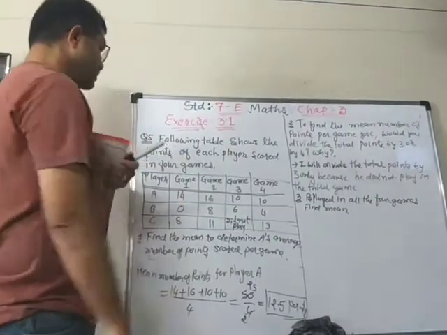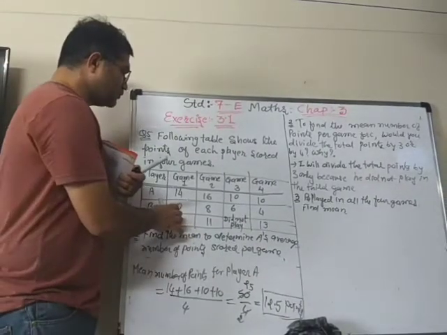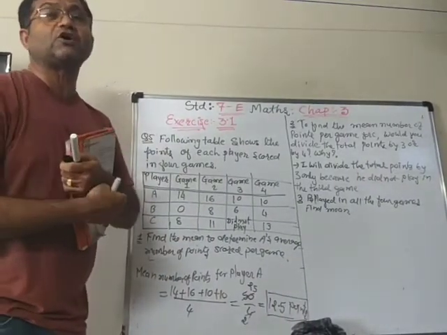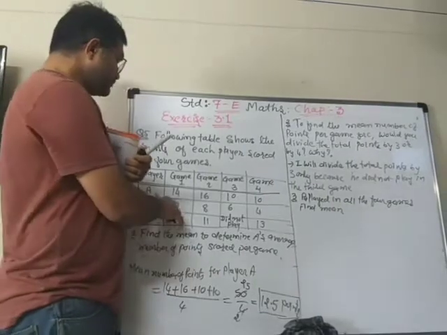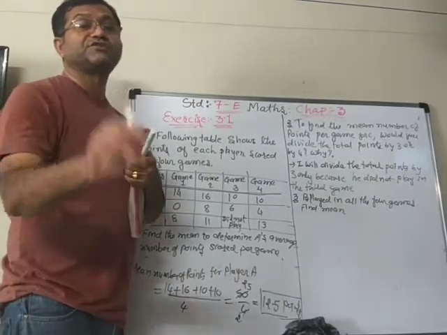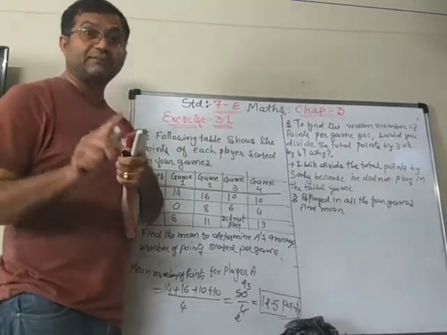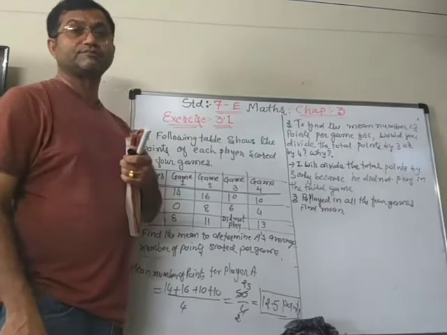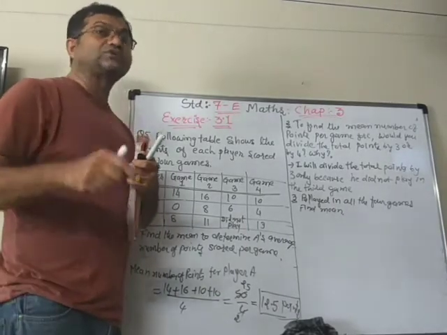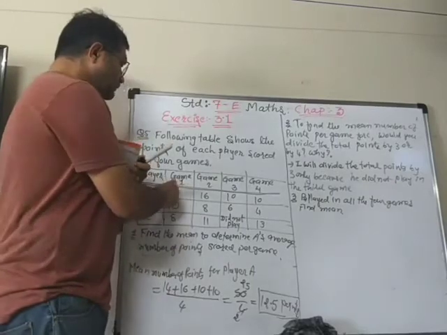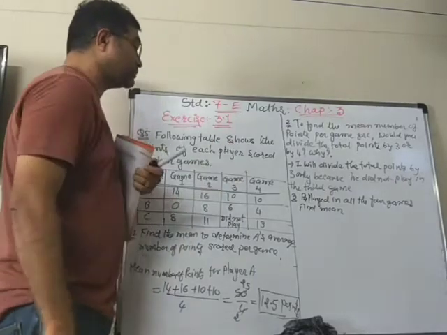Now here also we have to think whether to divide by 3 or 4. Why? Because in the first game he scored 0. But it doesn't matter, he played that game. Therefore it is counted. So the number of games is 4, so divide by 4.